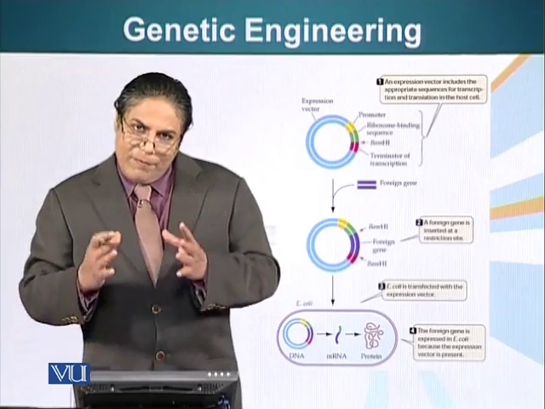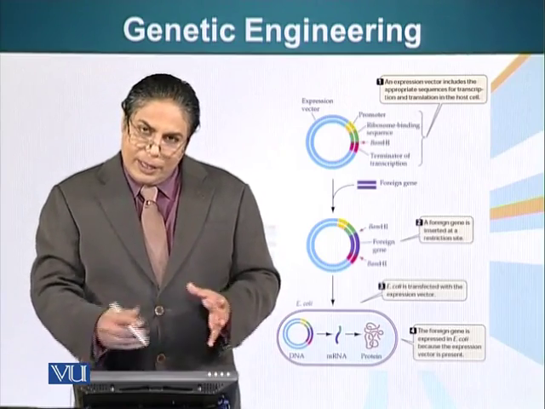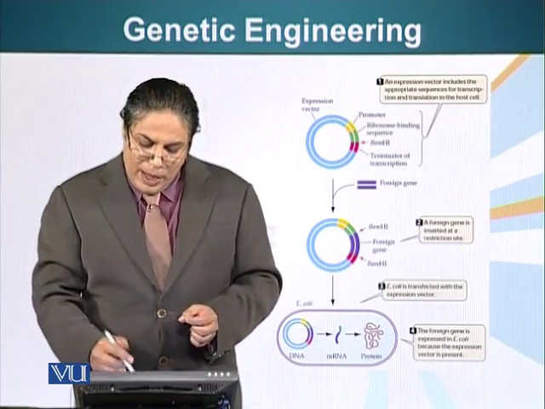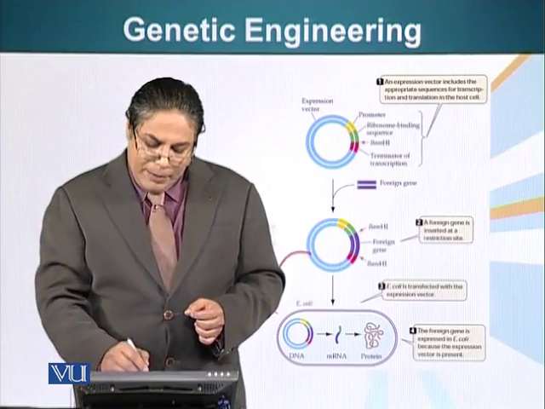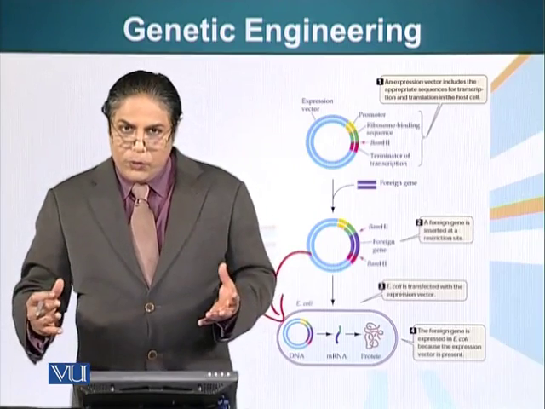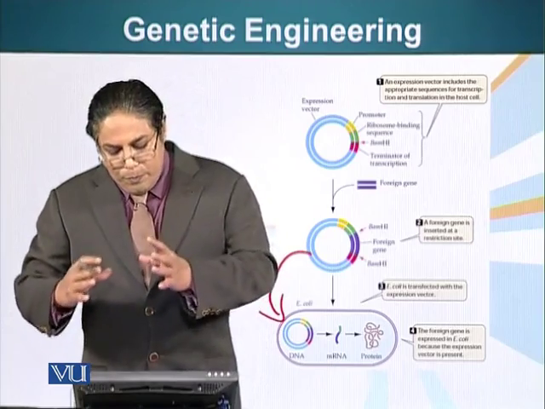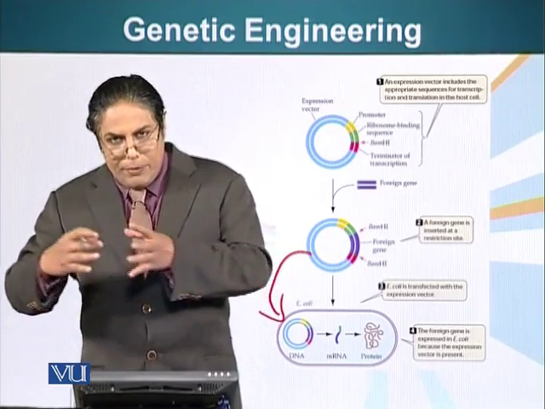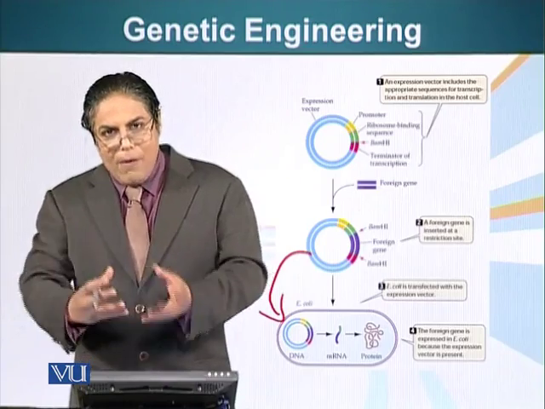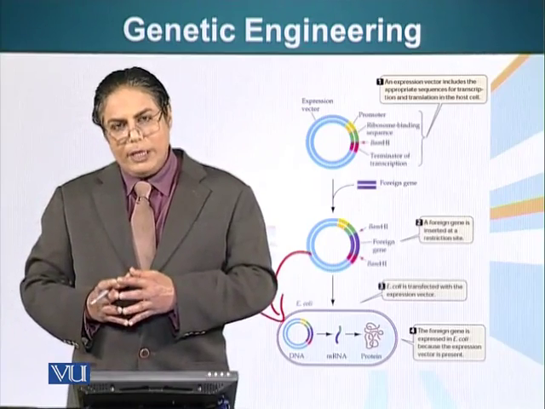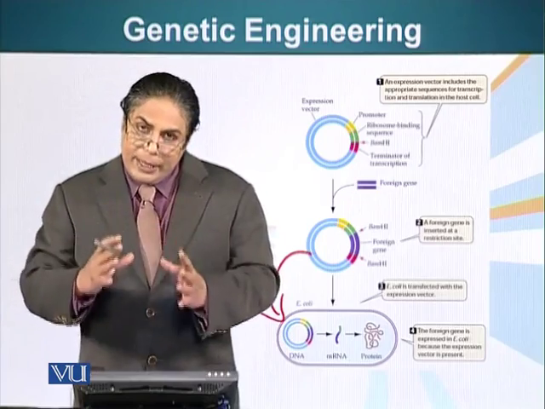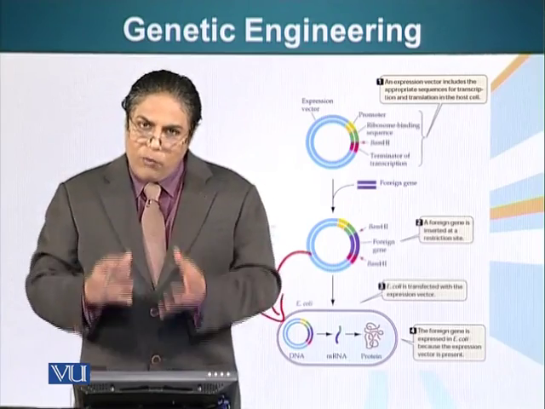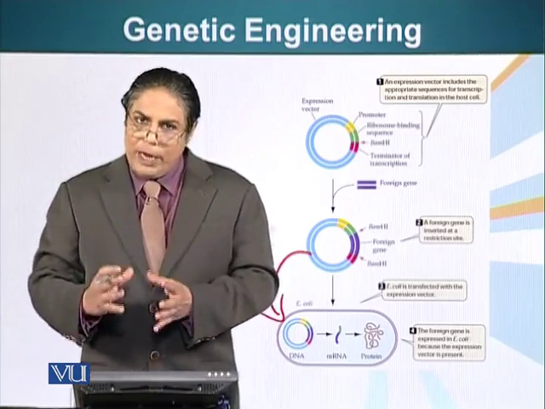If we insert the gene for insulin in the expression vector or the plasmid, put it back in the bacteria and allow the bacteria to grow, the bacteria make messenger RNA from our gene, it will be translated into protein, and we can harvest the protein from these bacteria. So here we are making these bacteria do work for us.